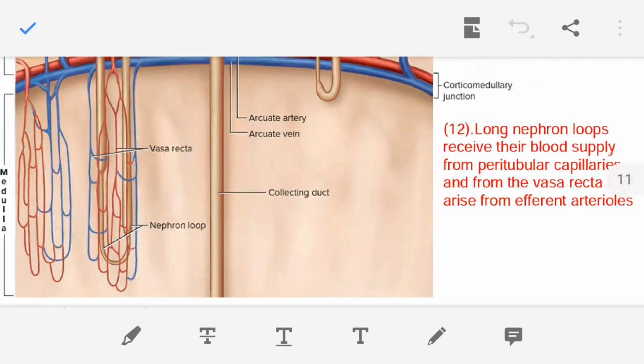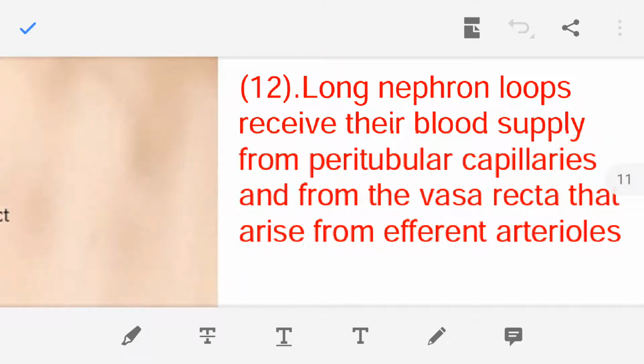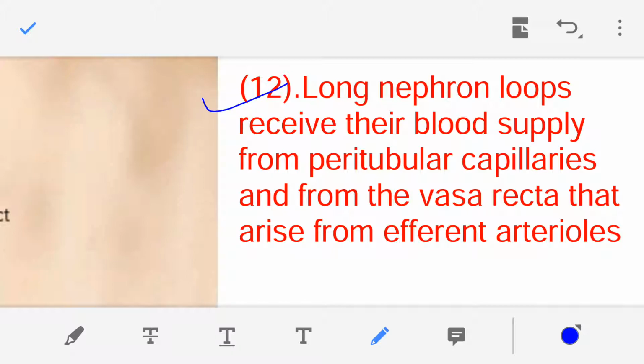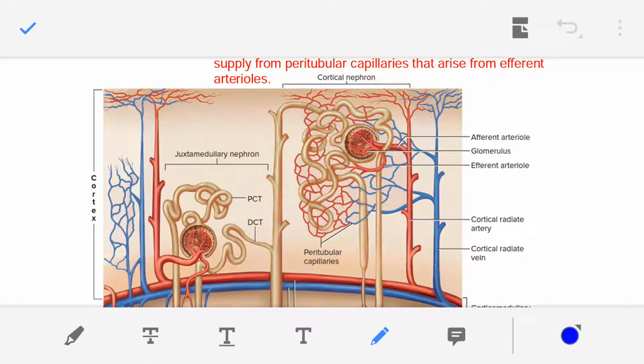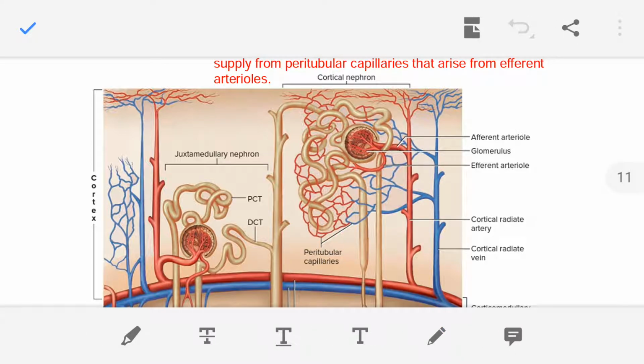Now the long nephron loop of the juxtamedullary nephron receives blood supply from the peritubular capillary and from the vasa recta. Here we need to remember that in the case of the cortical nephron, it was the peritubular capillary that was supplying blood to the nephron loop.